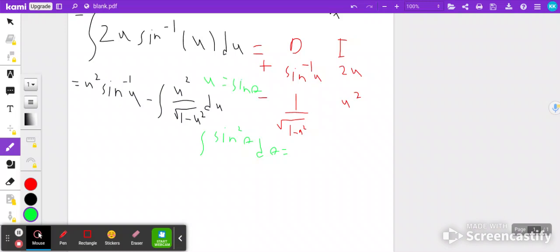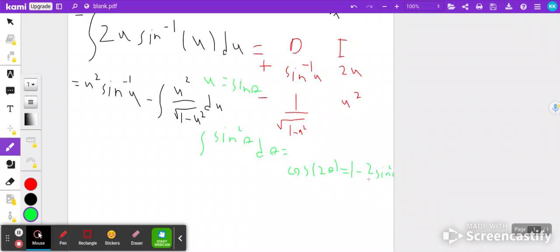Or we can write cosine of 2 theta as 1 minus 2 sine squared theta.